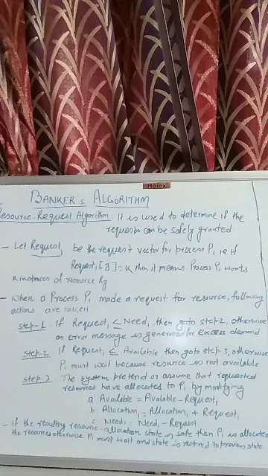When a process Pi makes a request for resources, some actions are taken, which are as follows. Step 1. If request I is less than or equal to need I, then we can move to step 2. Otherwise, an error message is generated for the access demand by the process Pi.